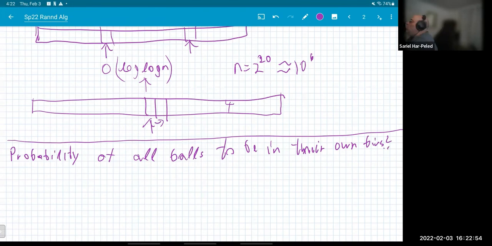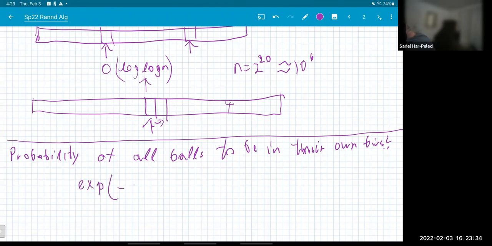So I'm throwing n balls into n bins, and I'm asking what's the probability that they all fall into their own bins. We can do exactly the same calculation we did before. In fact, we can use the bound we used before.